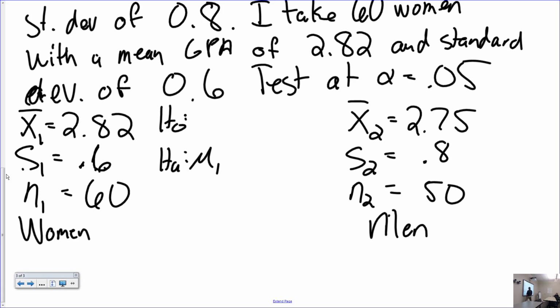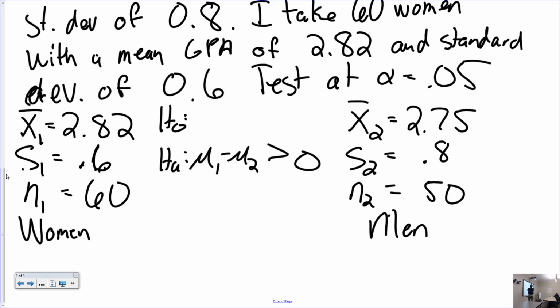Okay, so your mu1 minus your mu2 is greater than, let's go just straight up better, so let's call it greater than. That's right. Why is that correct? Well, women is the first group, and you want that one to be better than the other one. Exactly. Essentially you want mu1 greater than mu2, to say that women have a higher math GPA than men.